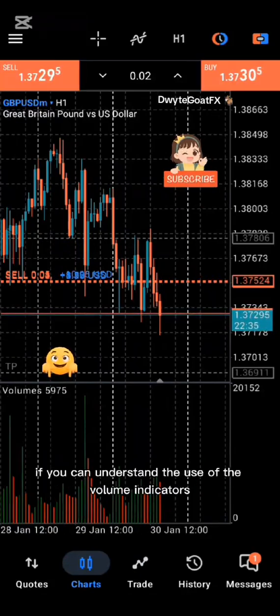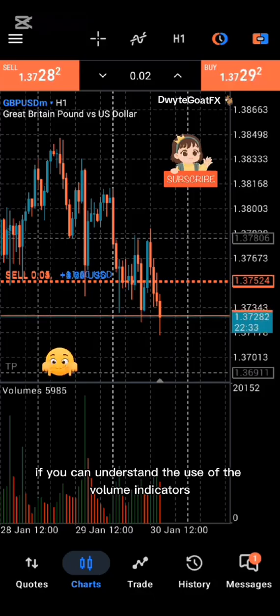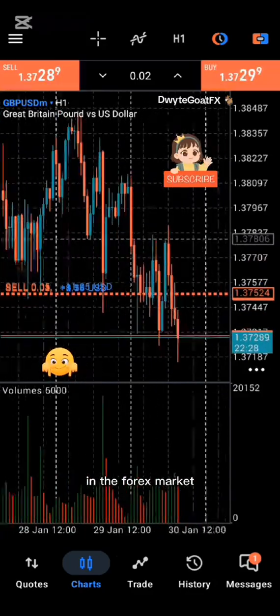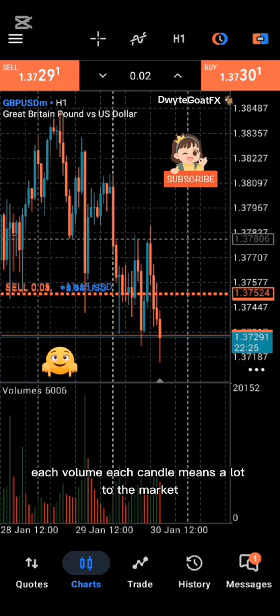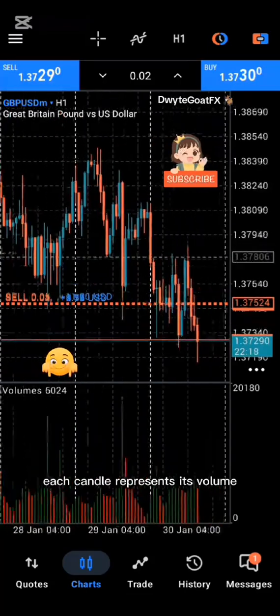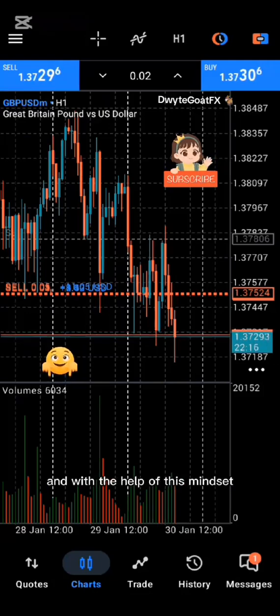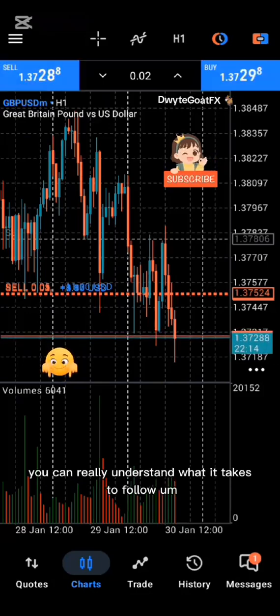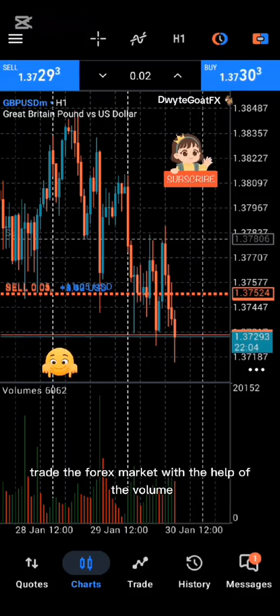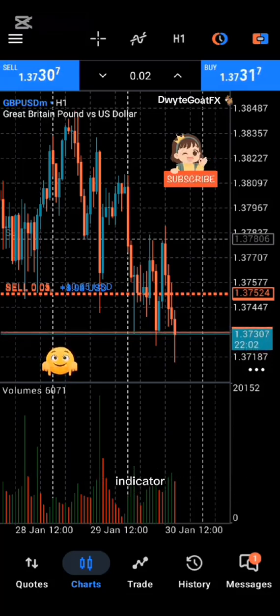If you can understand the use of the volume indicators, you can understand that when you are trading in the forex market, each candle means a lot to the market. Each candle holds its volume. Each candle represents its volume, and with the help of this mindset, you can really understand what it takes to follow the market and how to trade the forex market with the help of the volume indicator.